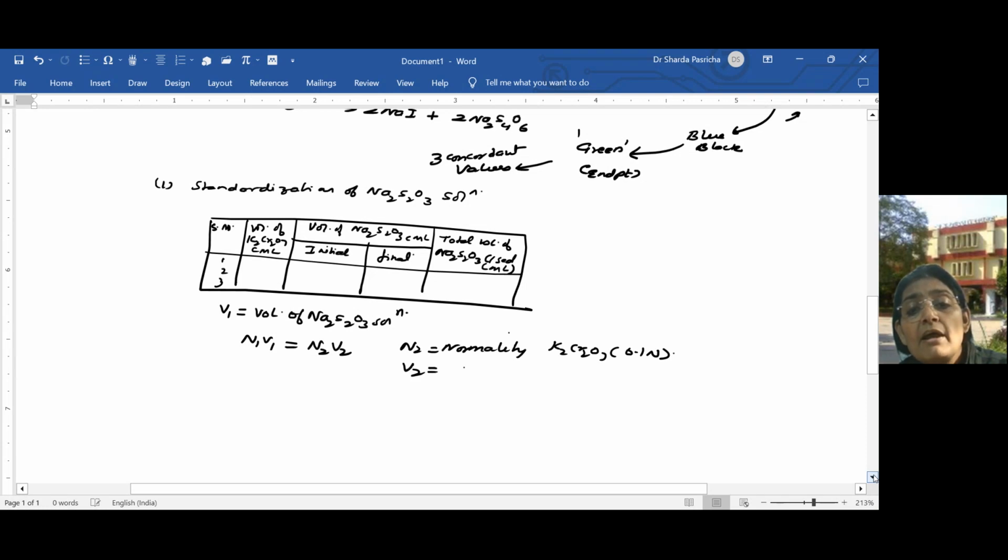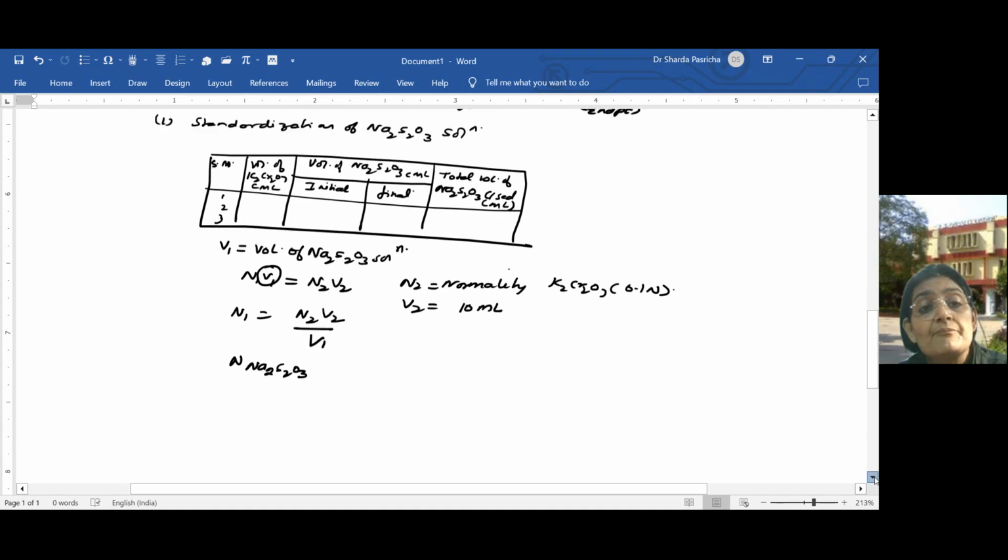The volume of dichromate you have used is 10 ml. So N1 will be N2V2 by V1. This is your titer value. So determine the normality of sodium thiosulfate. This will be the first part of your experiment.